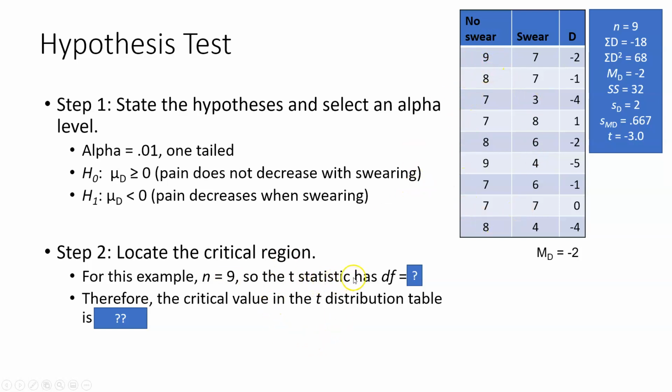So the t statistic has a degrees of freedom of 8, same as before. Therefore, the critical value in the t distribution table is, please pause your video and go figure it out. You should have found that it was -2.896. It's only on the negative side because we're using a one-tailed test, and we think that swearing will reduce people's pain.